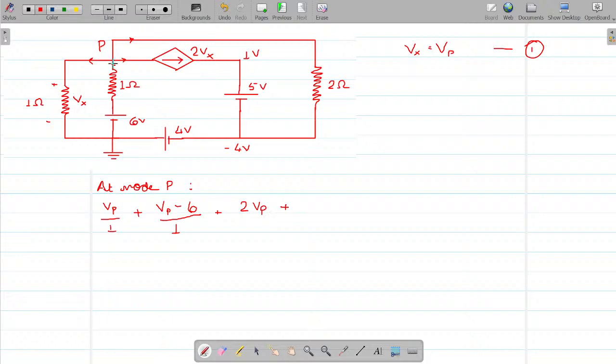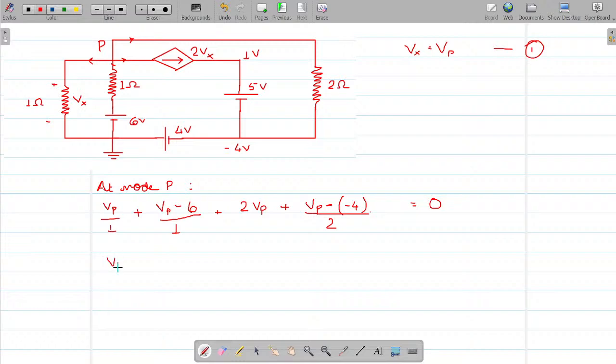Plus, tell me, in this branch, what would be the current? It would be Vp minus 4 divided by 2, and the sum is equal to 0, right? Let us solve it.